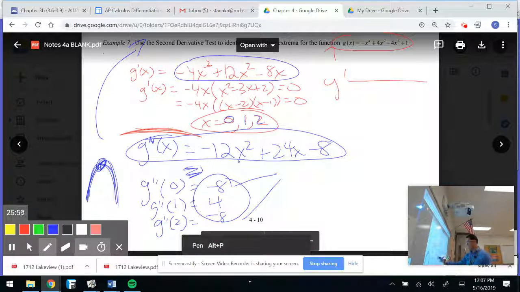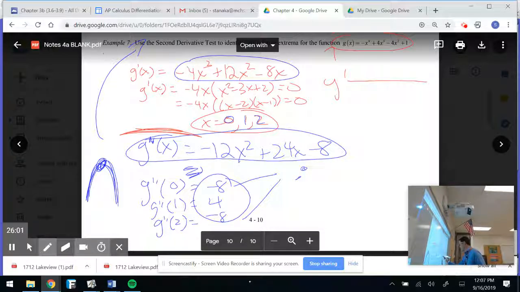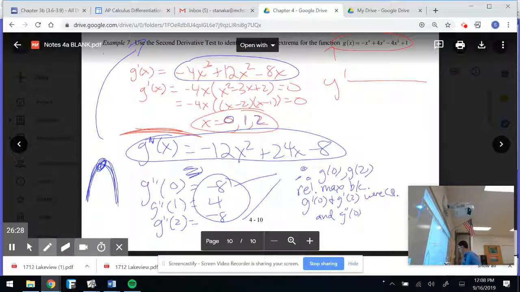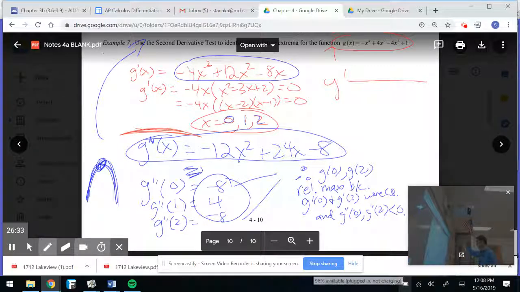That means at 0, therefore, at g of 0 and at g of 2, I get a relative max because g prime of 0 and g prime of 2 were critical points, and g double prime of 0 and g double prime of 2 were less than 0, exactly what that thing said above.